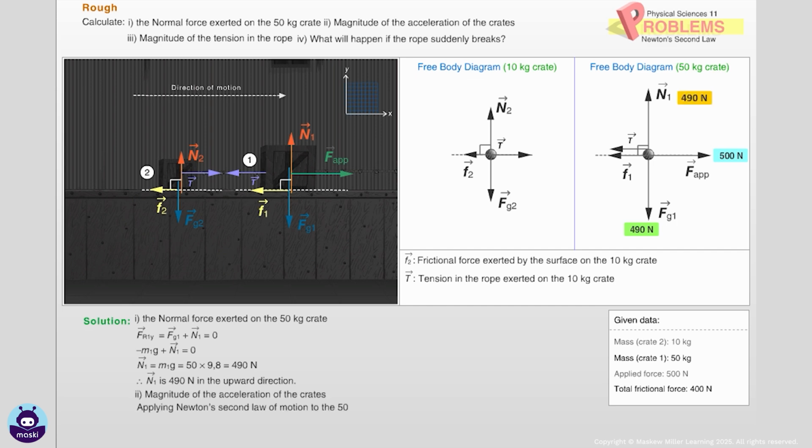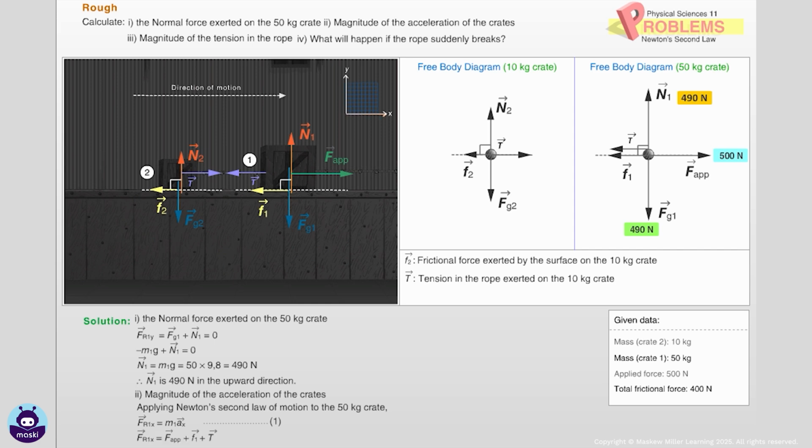We can apply Newton's second law to the motion of the 50 kilogram crate. Vector Fr1x equals m1 vector ax. Vector Fr1x is the vector sum of the forces on the 50 kilogram crate along the horizontal plane.